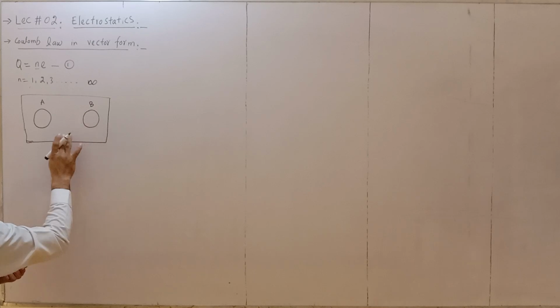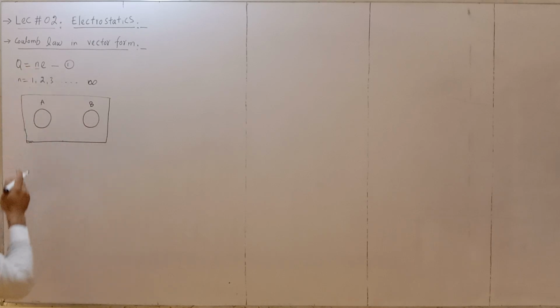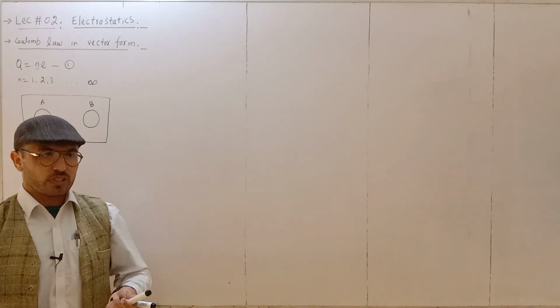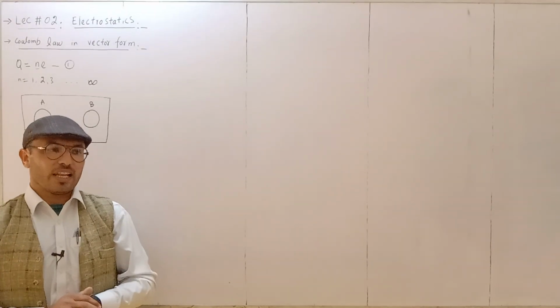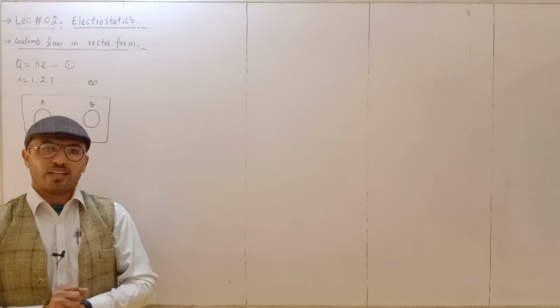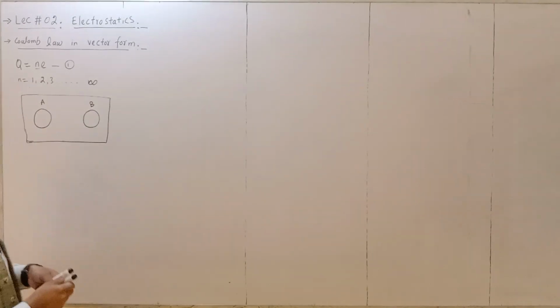So I move toward lecture number 2, and if you have any confusion about electric charge, then please refer to my lecture number 1, which is available on my Facebook page.